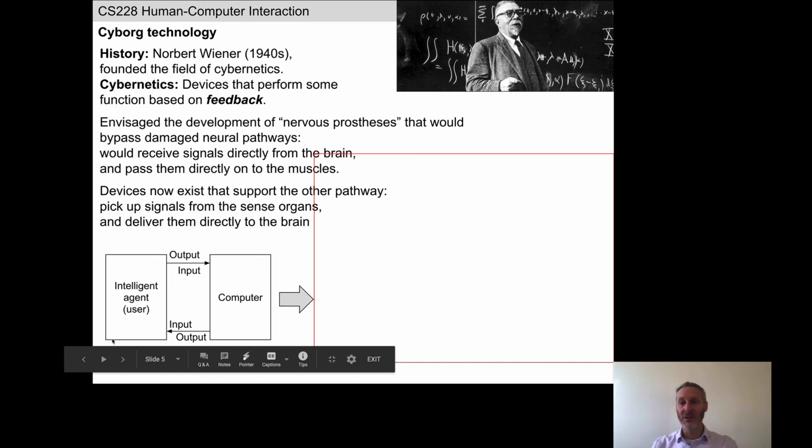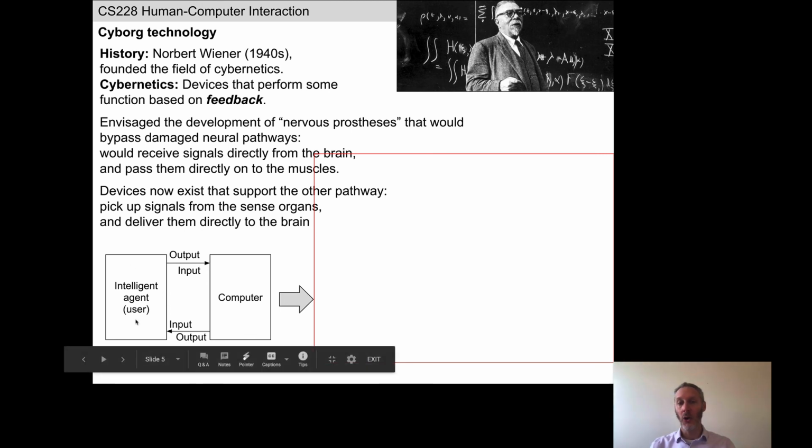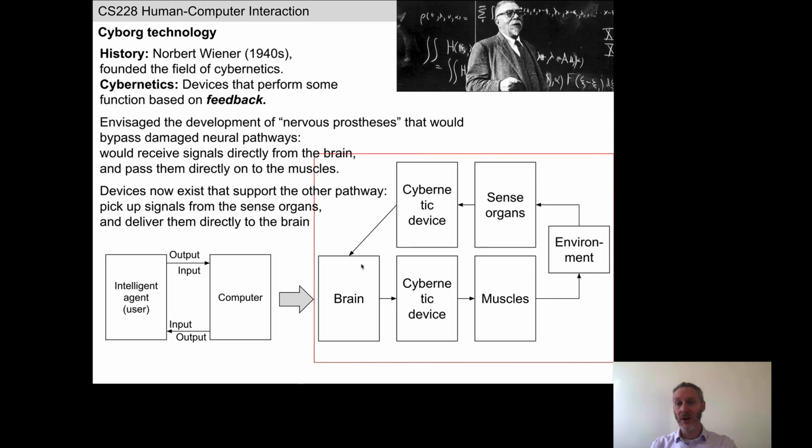Up till now, we've been assuming that the user, the human participant in this feedback loop, is one monolithic whole. We're going to take the human and explode them into three different parts: the brain, our muscles, and our sense organs.